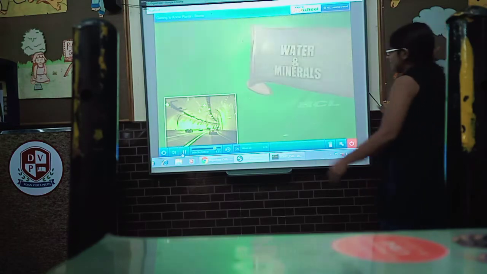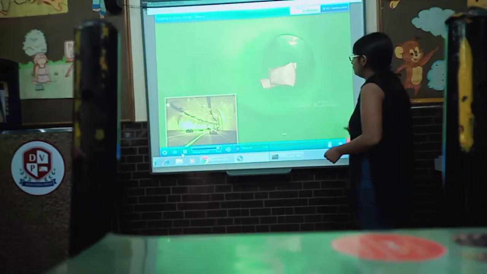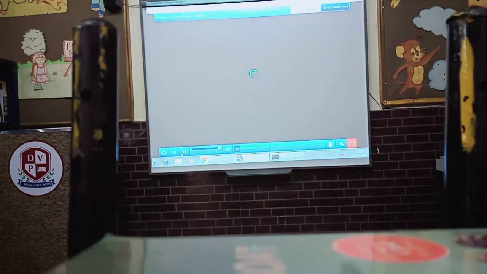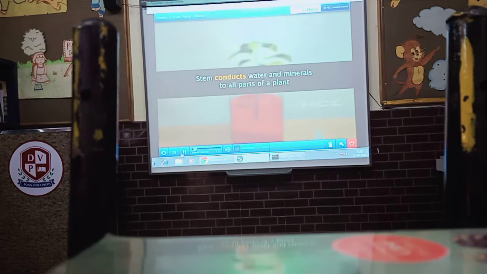See, this is the structure of a stem that has been shown to you. This movement takes place through narrow tubes inside the stem. Even though we cannot really enter inside the stem, we still can see the movement of water and minerals with the help of an activity.